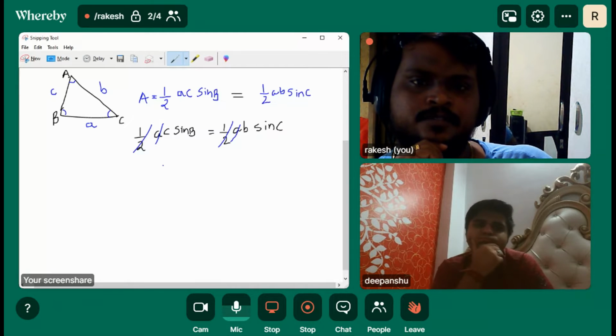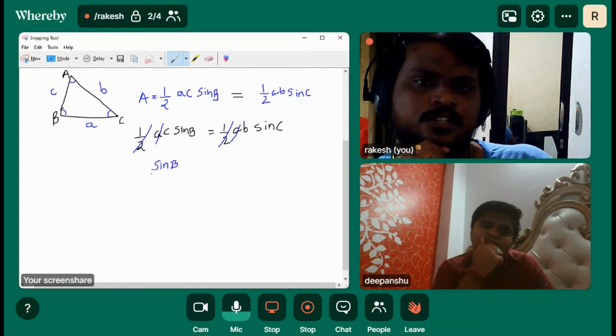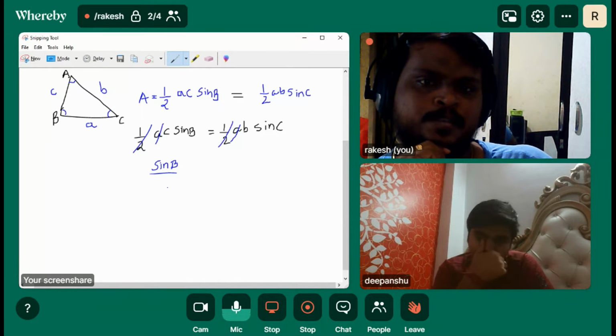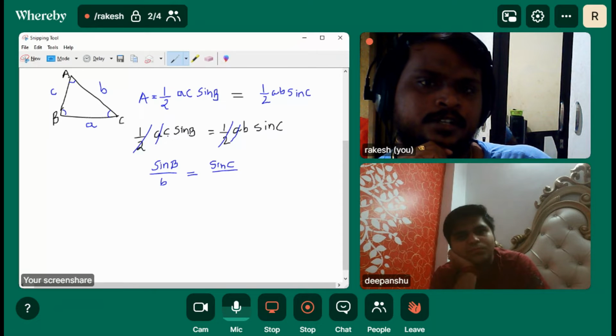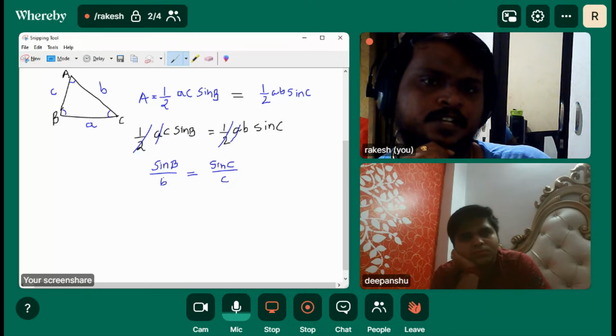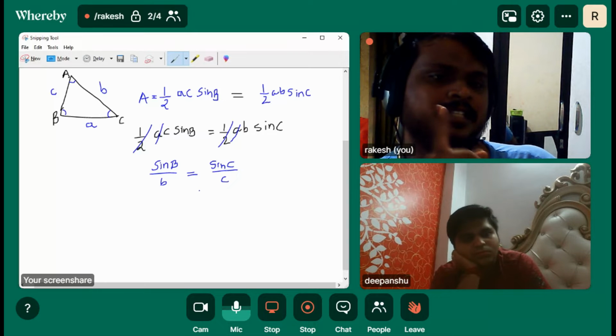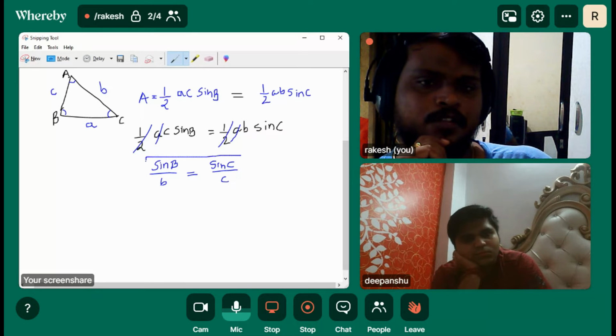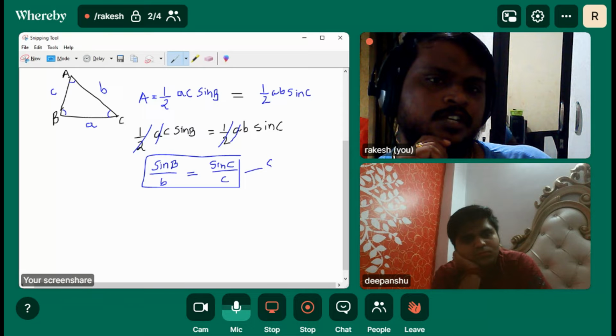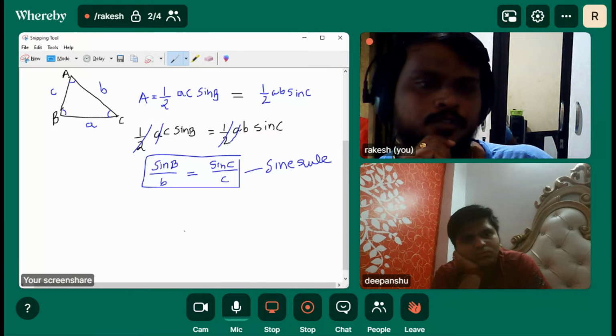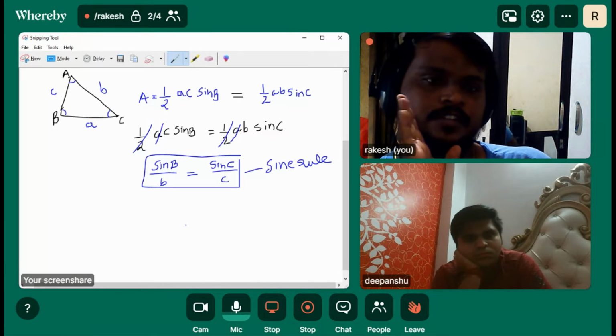So if I just change the form a little bit, sin B upon B is equal to sin C upon C. This one will come here and B will come here. So sin B upon B, sin C upon C, they are equal. So this is called the sine rule.